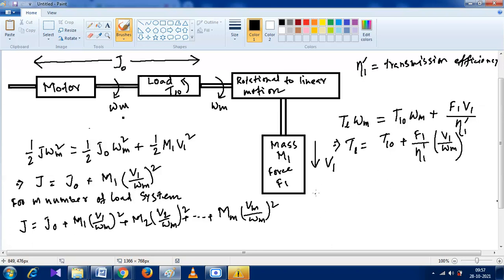And if there is n number of load systems, what should be the formula? What is the formula?